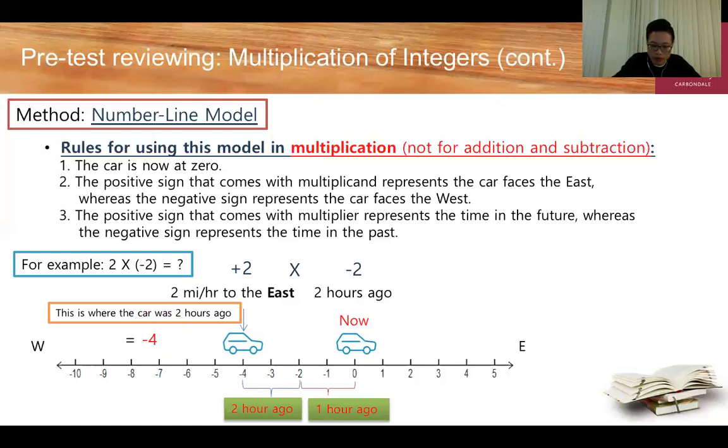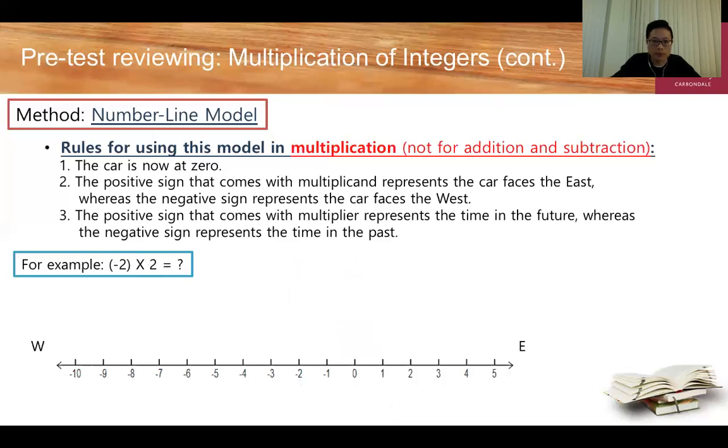All right, let's see the next example. In this example, it is -2 times 2, all right? So the car right now is at 0, okay? This is rule 1. And the multiplicand this time is -2.